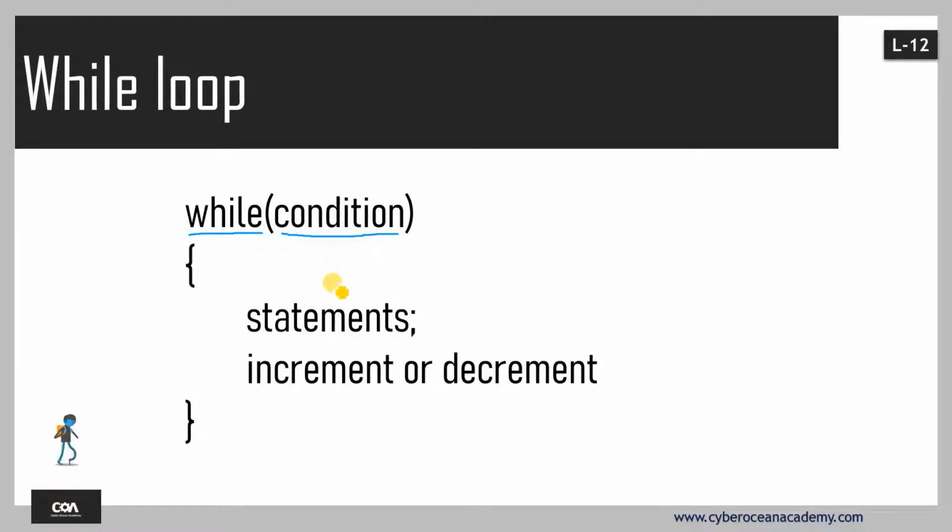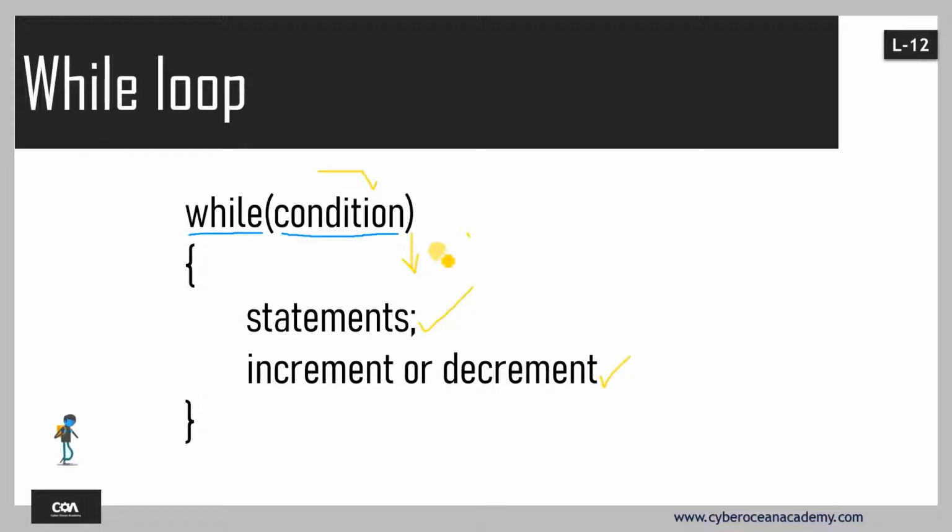Suppose the condition written here is that the value should be greater than 0. If that condition is true, you enter the while loop, and all the statements will execute.